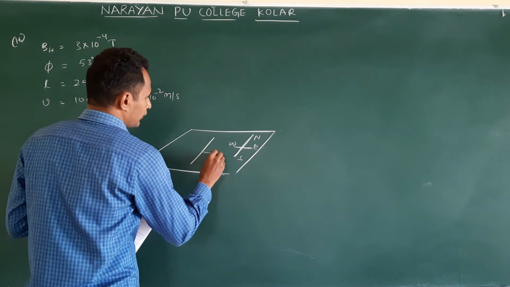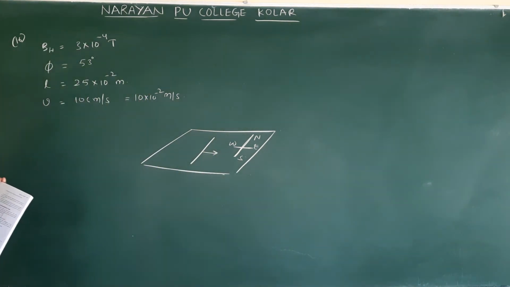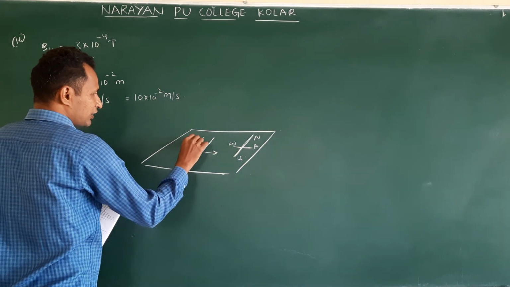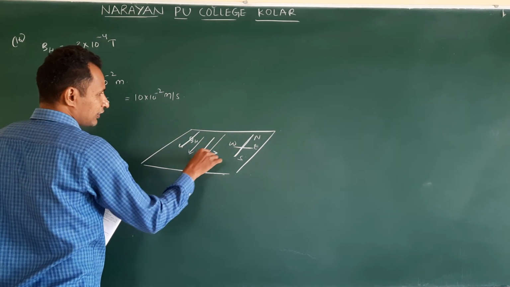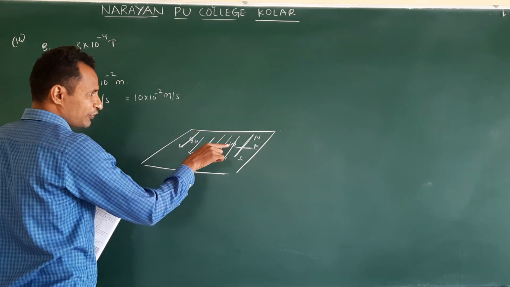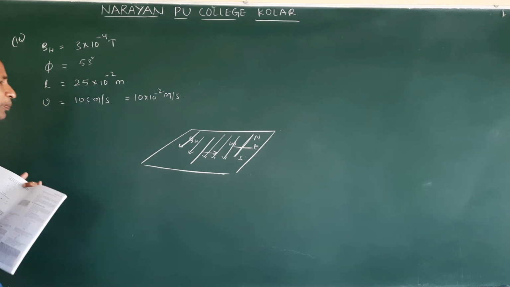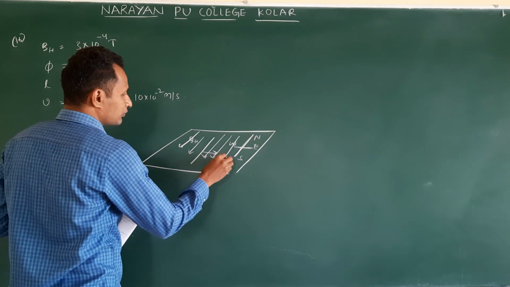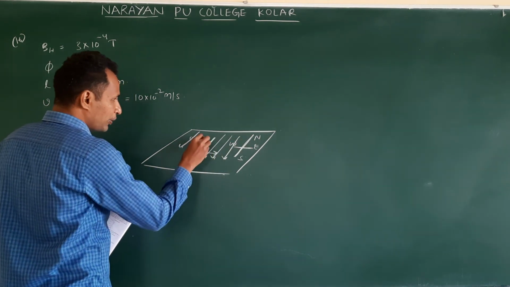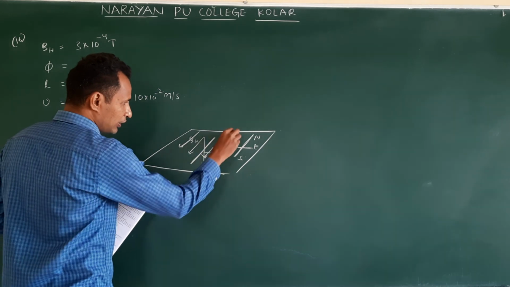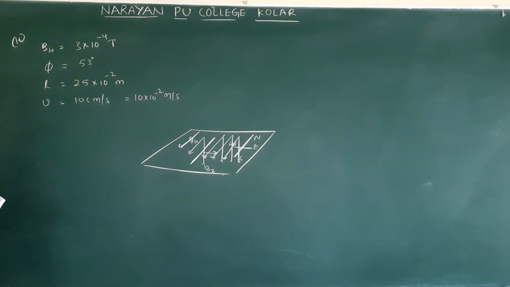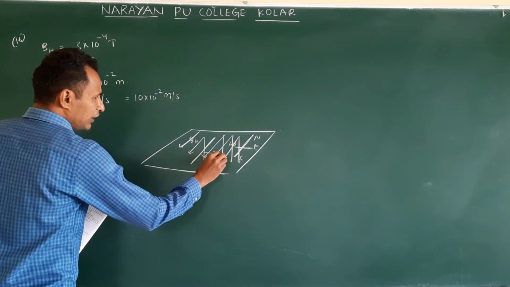B_H is acting in this direction everywhere. Is the motion perpendicular or parallel to the magnetic field? B_H is parallel to the length of the rod. Which component is perpendicular? The vertical component. If you draw it like this, this is the vertical component, B_Z. So B_Z is perpendicular to v.